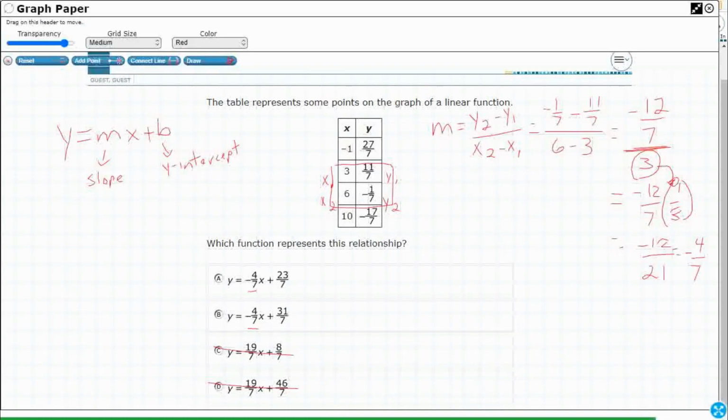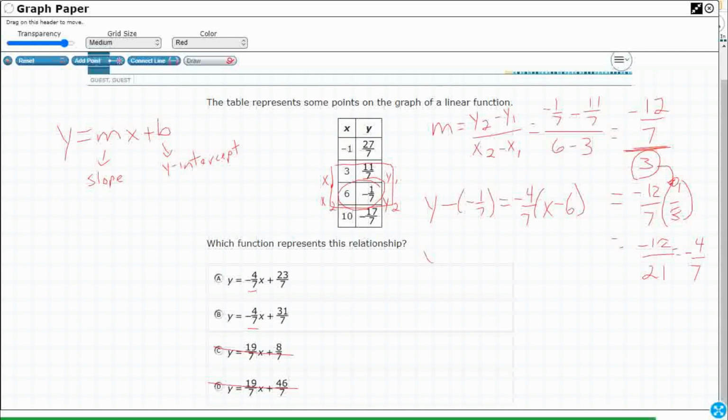But let's do this. y minus y1, and let's just use that set right there, because that's kind of easy, equals the slope, which is negative 4/7, times x minus x1, so x minus 6.